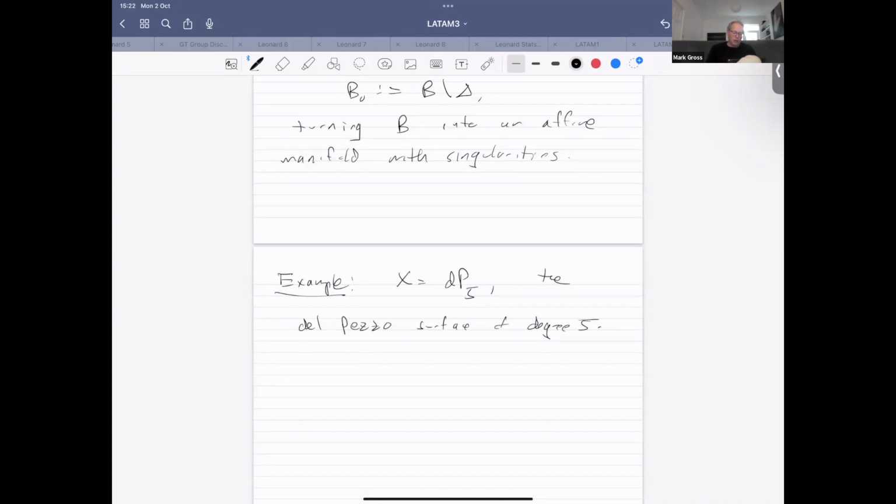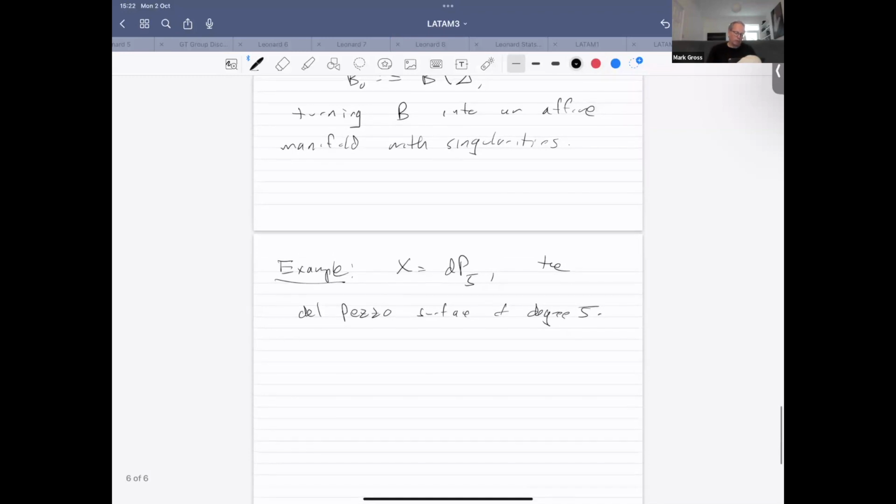So this is obtained by taking P2 and blowing up 4 points, chosen generally, just to be safe.